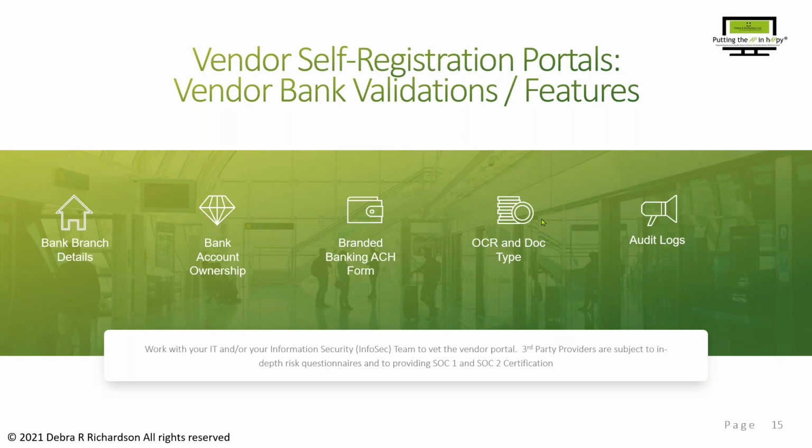Now, the next one is the branded banking ACH form. And if you've listened to any of my other webinars, read my blogs, or podcasts, you know that if you're collecting vendor bank information manually, then I always recommend a company branded banking ACH form.